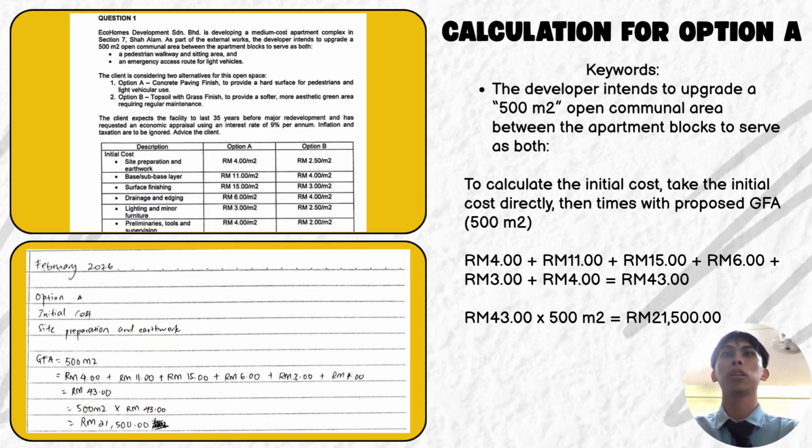This means we need to total up all the initial costs, and the total I get is RM 43. Multiplied by the proposed GFA of 500, the total initial cost is 21,500.